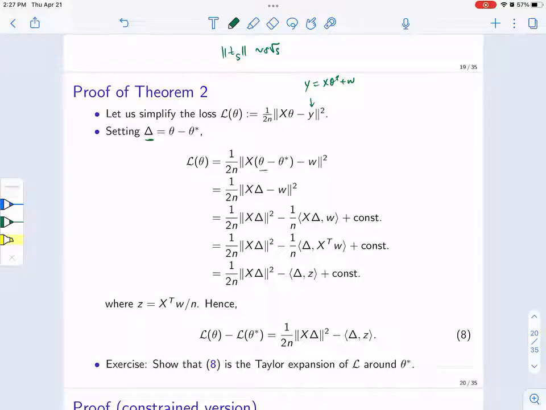So you get x times theta minus theta star, which is delta. And then you expand. If I expand, I get the norm squared of x delta, minus twice the inner product of x delta and w, and then the 2's cancel out. So you get 1 over n here, plus the norm of w squared, which is constant as a function of delta. Because I'm optimizing, I don't care about that part.